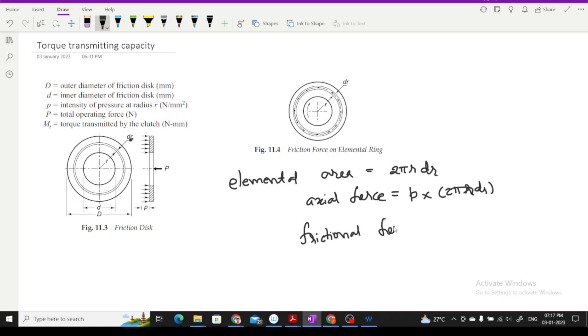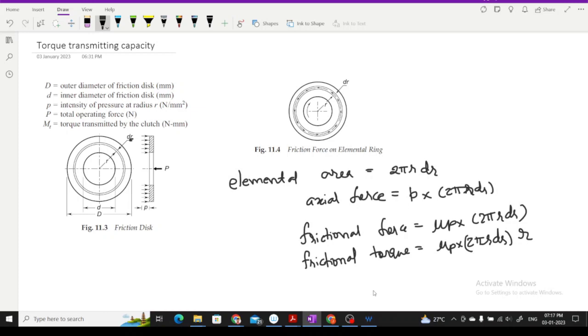See, these are all acting on that element only. So the frictional force will be mu p into 2 pi r dr, and the frictional torque will be obtained by multiplying with the radius r. This is how you get the frictional force and torque.